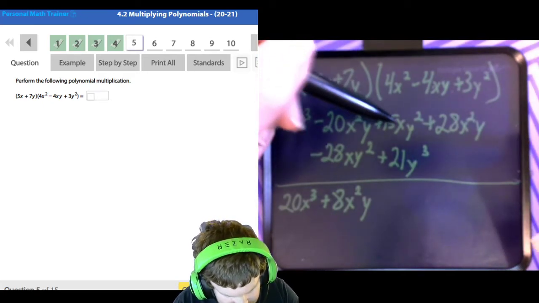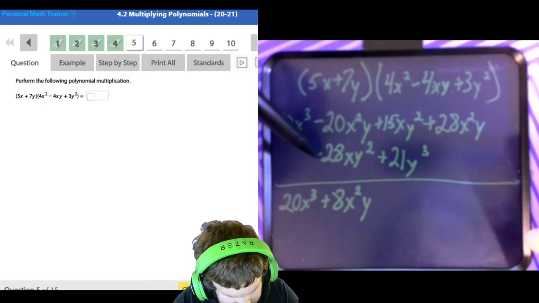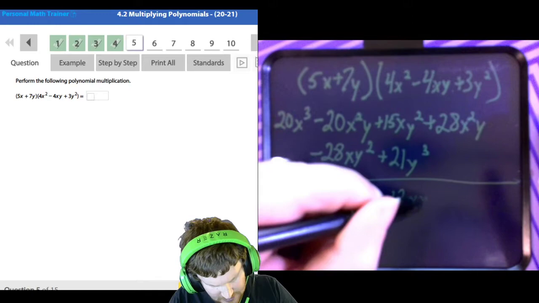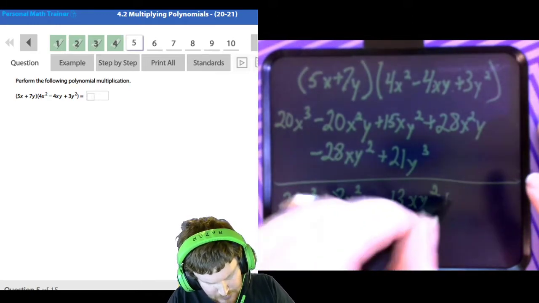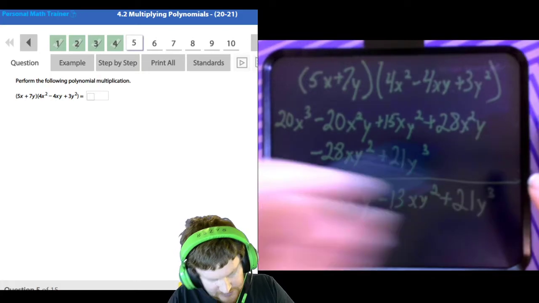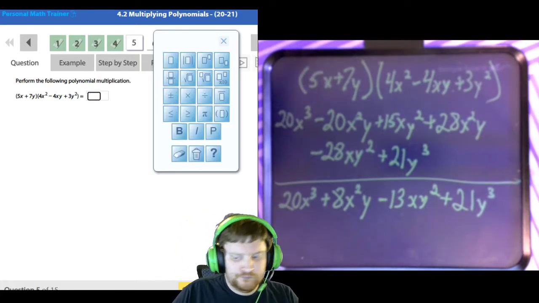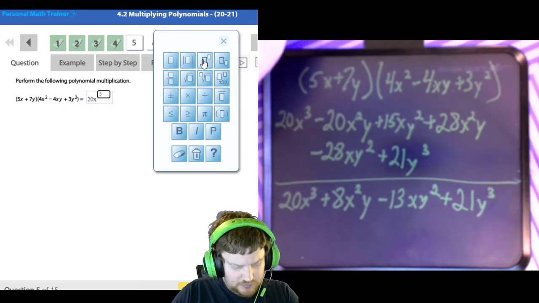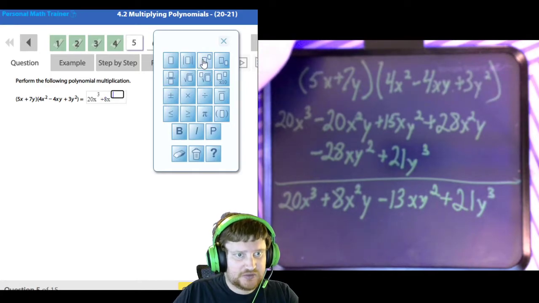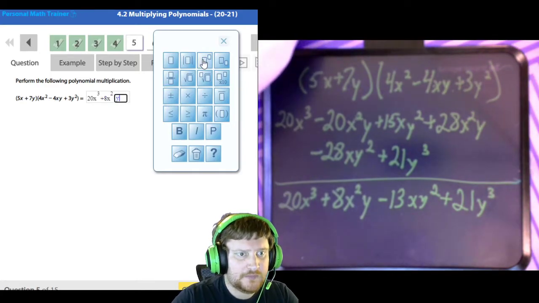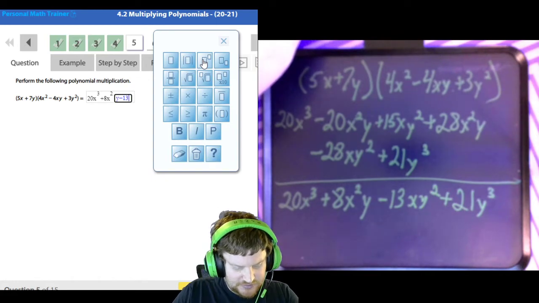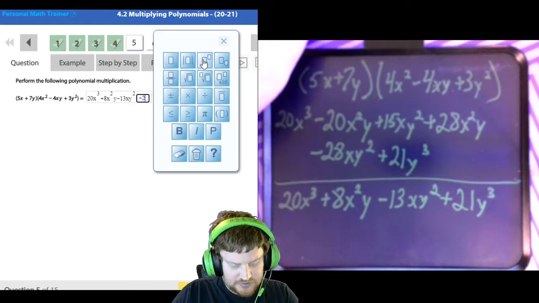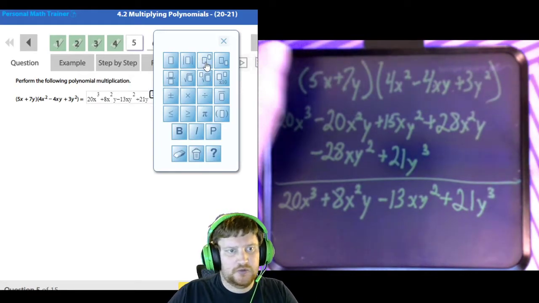Then I have 15xy squared minus 28xy squared. Well, that's negative 13xy squared plus 21y cubed. So 20x cubed plus 8x squared y minus 13xy squared plus 21y cubed.